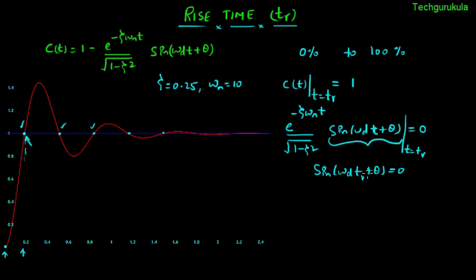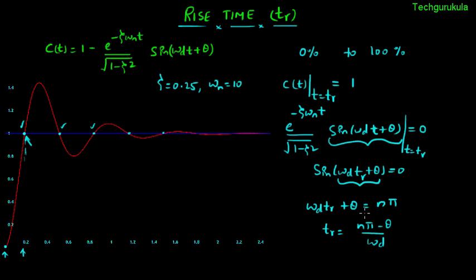Let me substitute tr here. In this case, sinusoid can be 0 only if omega dtr plus theta is equal to some integer n times pi. In that case, sinusoid value can be 0. So now we know tr, which can be written as n pi minus theta over omega d.